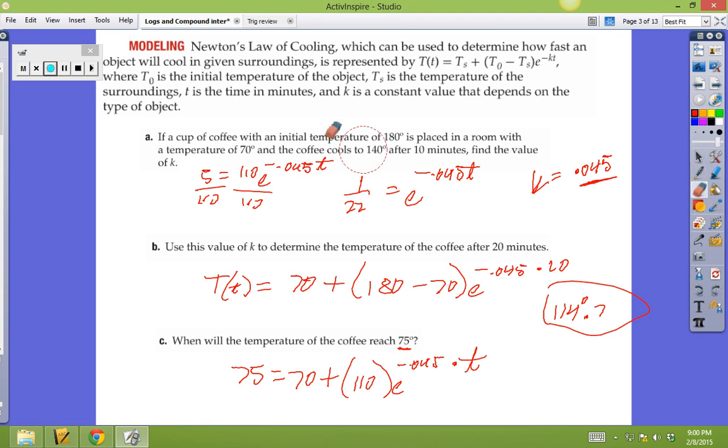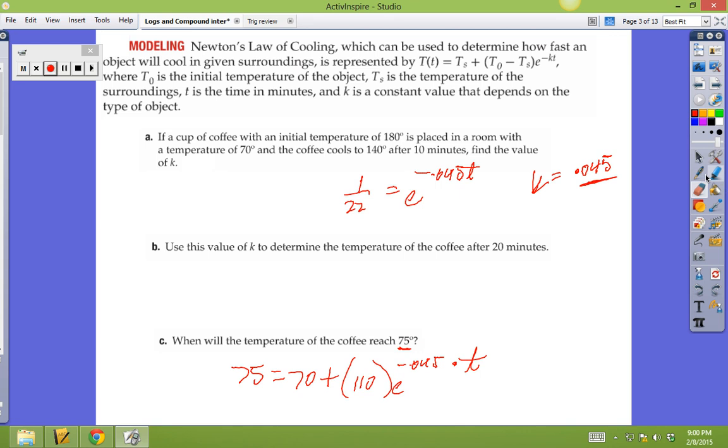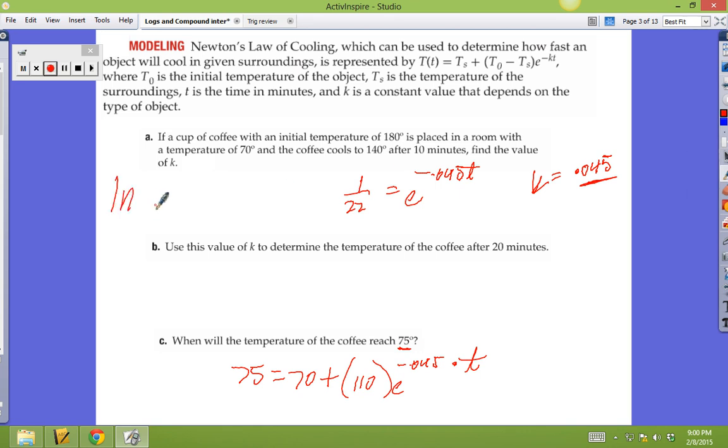So now I've got to use a log to get this t out from being an exponent. So I'm going to do log base e, just ln, of 1/22, and that is equal to negative 0.045t. And then if I divide by the negative 0.045, I'll have t all by itself. So on my calculator, if I do the ln of 1/22 divided by negative 0.045, let's see what we get.